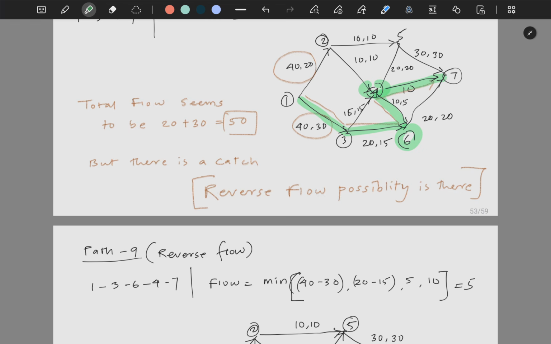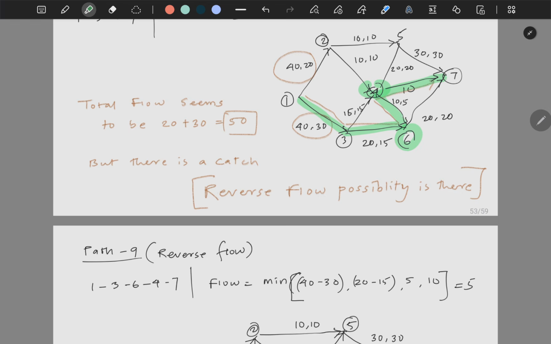In this case, if you see, there is still potential. Okay, so think of it like, how do I tell you? 10 liters of liquid can come through this way, okay, but here the maximum quota that is available is only 20 minus 15, that is 5.